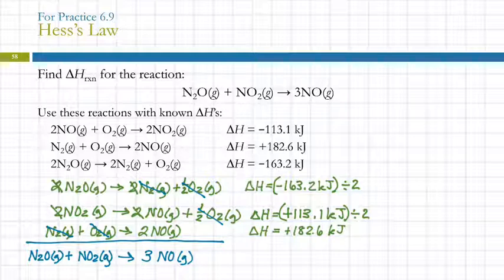So to find delta H for that reaction, I'm going to take this divided by 2 and add this divided by 2 and add that. So I have negative 163.2 divided by 2 plus 113.1 divided by 2 plus 182.6.